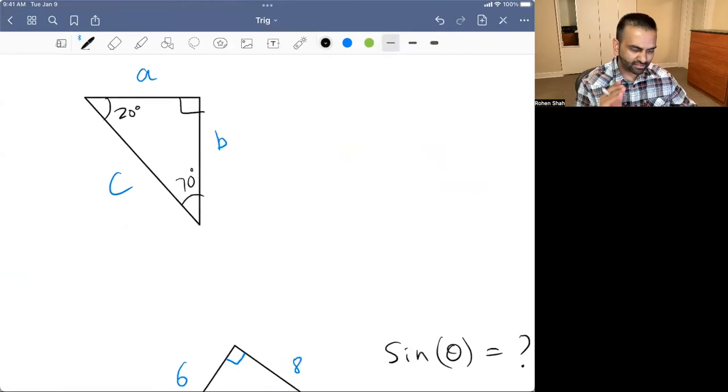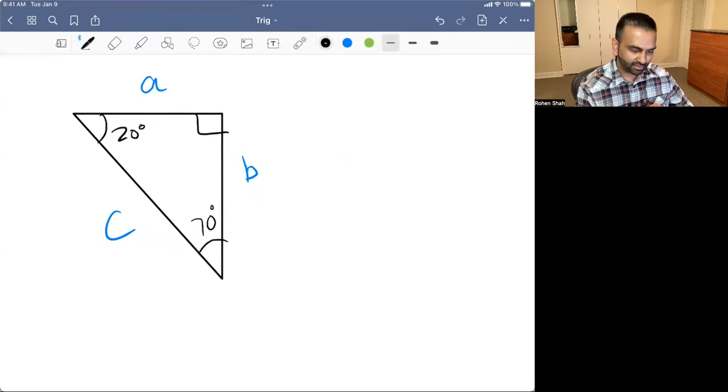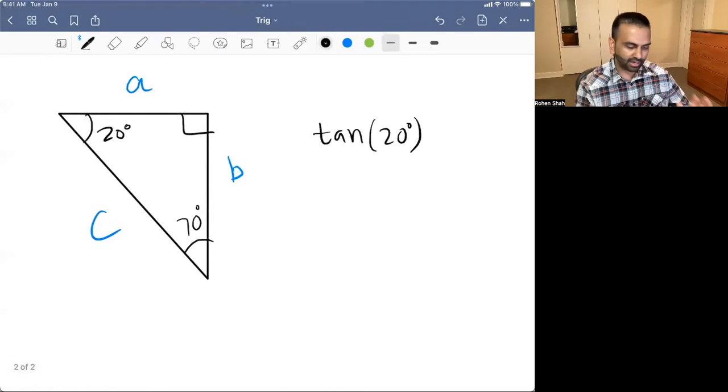So just to do another example, a little bit more practice with tangent, let's say we're given this right triangle, and we're asked to find the tangent of each of these two angles, 20 and 70. If we want to know what's the tangent of 20 degrees, well, first, let's keep in mind the opposite side to 20 is going to be B. But remember, it's opposite over adjacent, right?